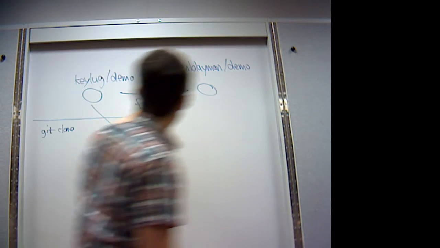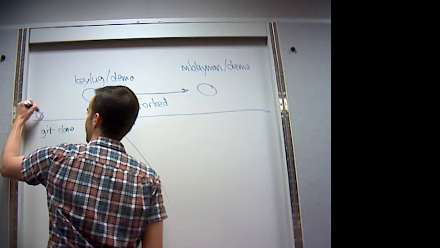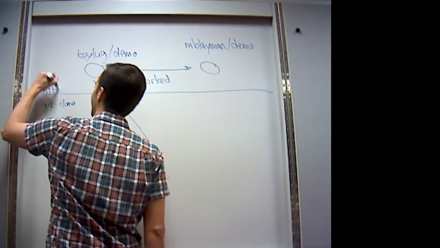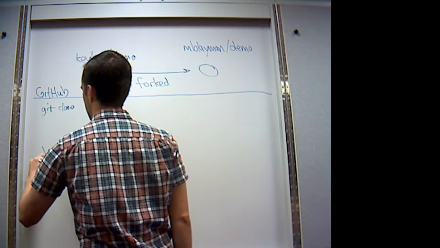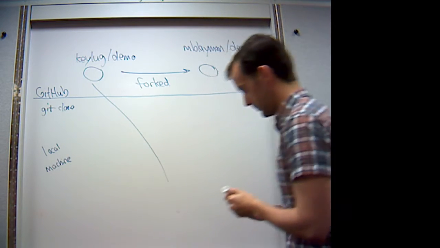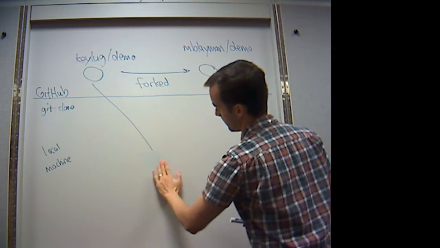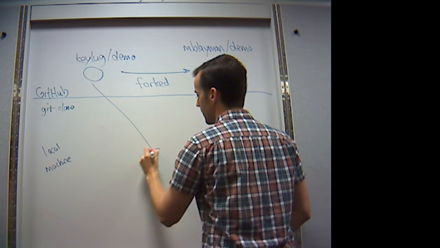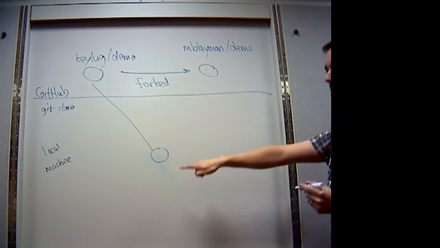Let's see. Dividing line. This is the cloud. This is GitHub. And this is your local machine. I've got a local repository of KeyLUG demo.